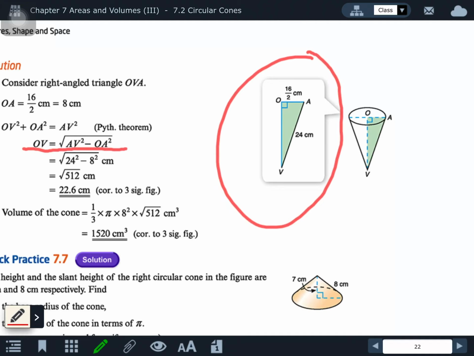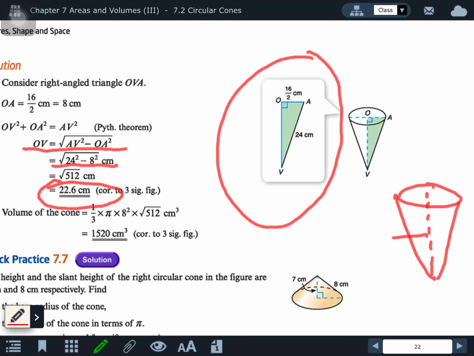The length of OV is the square root of 24 square minus x square, and you will see the answer is 22.6. Now you will see that we have a cone here with a height of 22.6, which is more accurately the square root of 512.